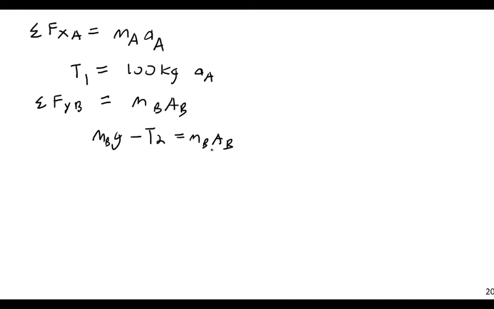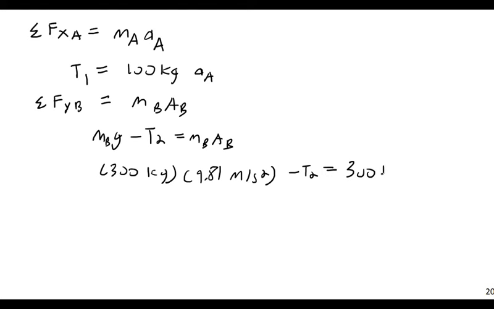All right, and so then I can say 300 kilograms times 9.81 meters per second squared minus T2 equals 300 kilograms times AB.